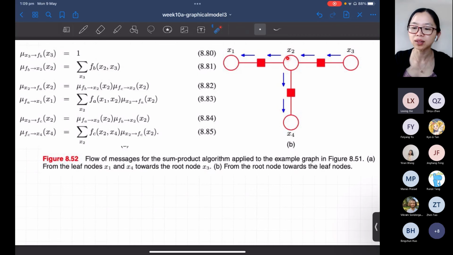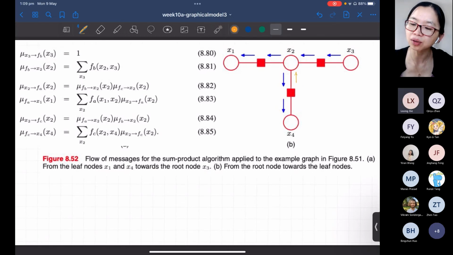We get this next message. And then we simply multiply by fb to x2 and fc to x2, which is this one that we already have. Okay, so we do need the messages we computed in the last page, right?